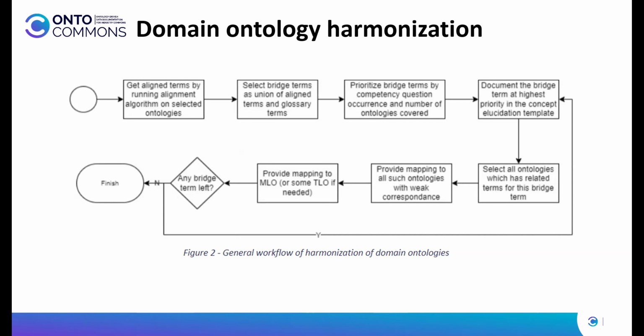How we align them is that we get a preliminary list of terms by running some kind of algorithm or statistical analysis, and Francesco will talk about that in detail. This preliminary list contains terms which can be potential bridge concepts, which are mostly available in all the ontologies for that particular topic. Then we prioritize the bridge terms from that list, again using our competency questions.